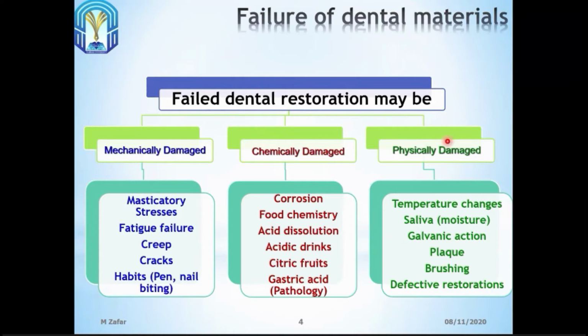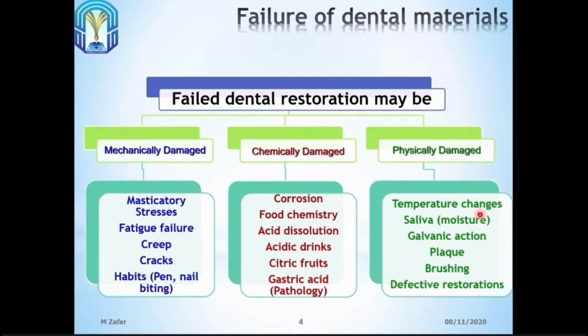In addition, there may be physical damages as well, either to the tooth or to the restoration. So what are physical damages related to? Temperature changes. As you can understand from temperature changes, we eat or drink hot things, we eat or drink cold, so temperature fluctuates.